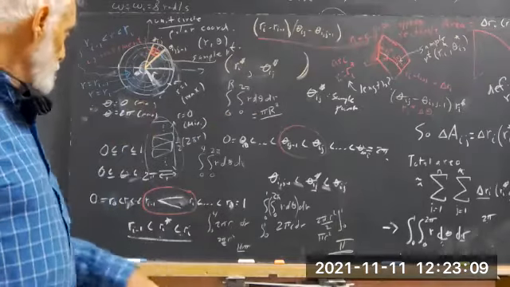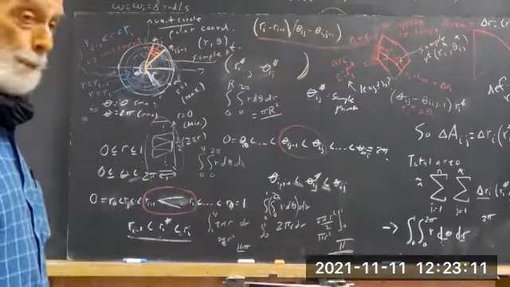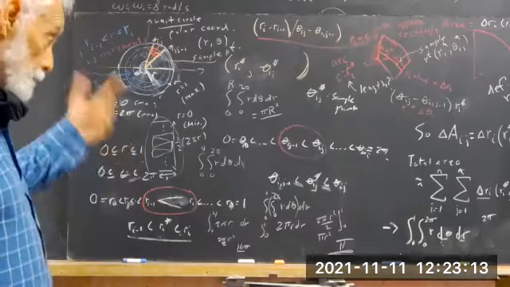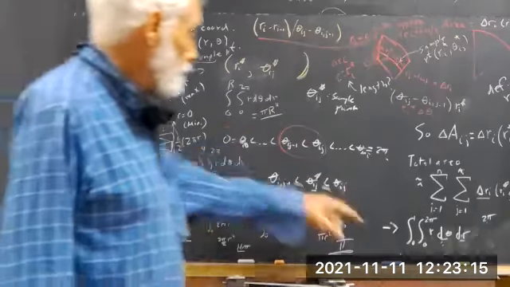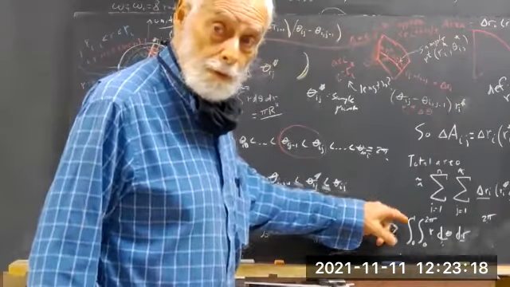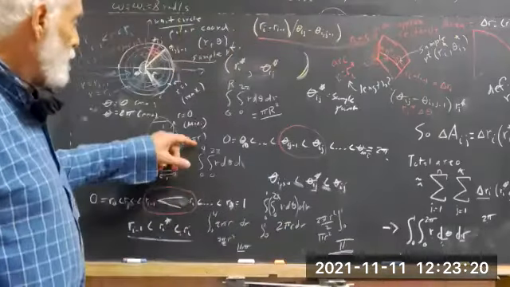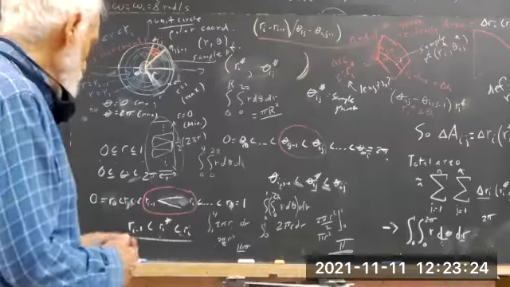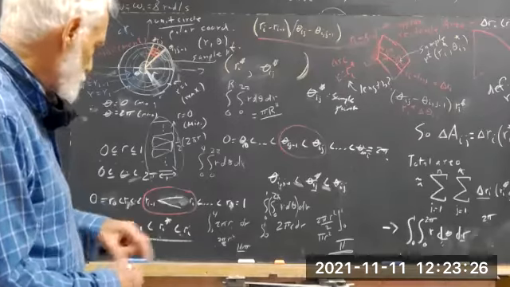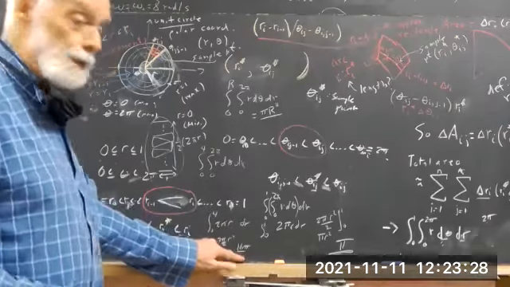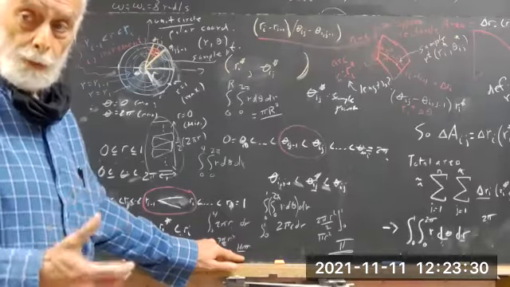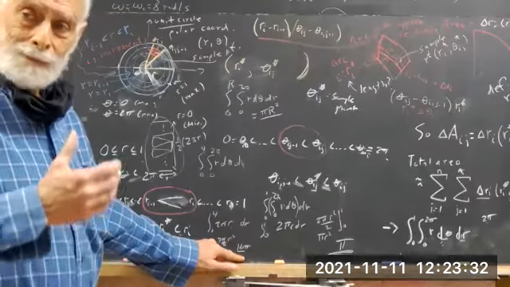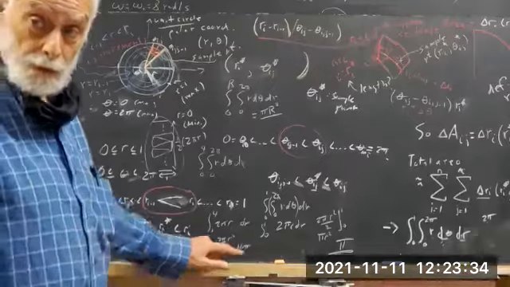Everything else would be the same, except we have 4 here. So we have 0 to 4, r squared over 2 is 8, times 2 pi, which is 16 pi.